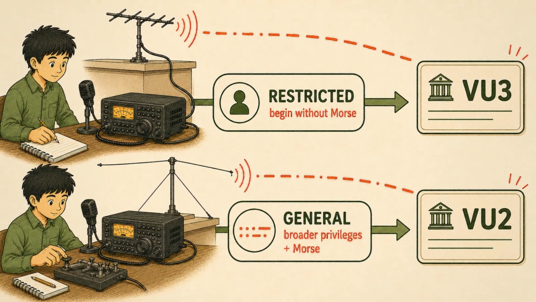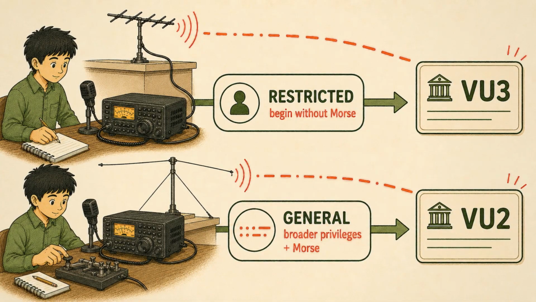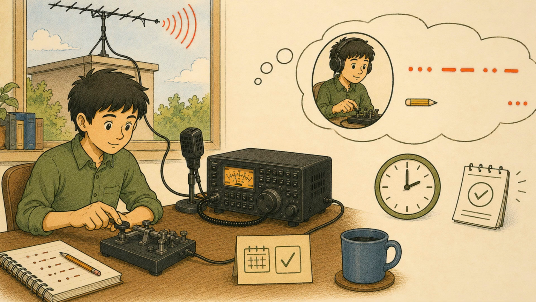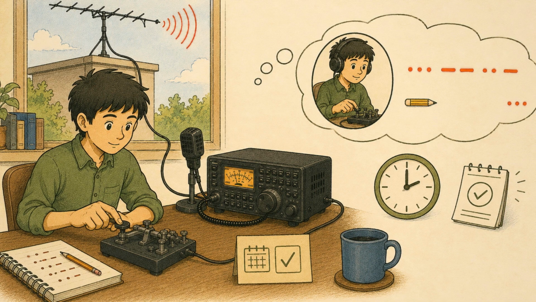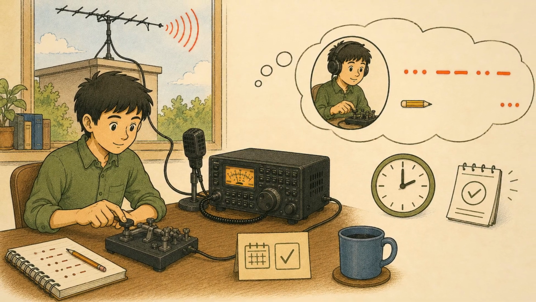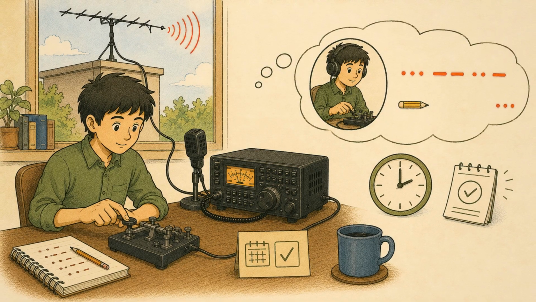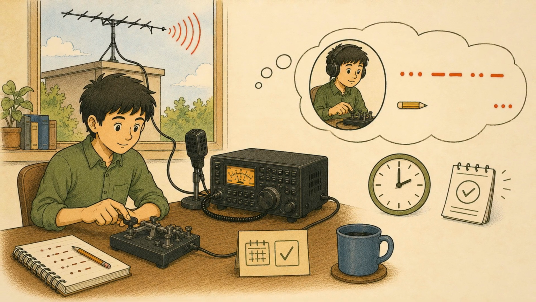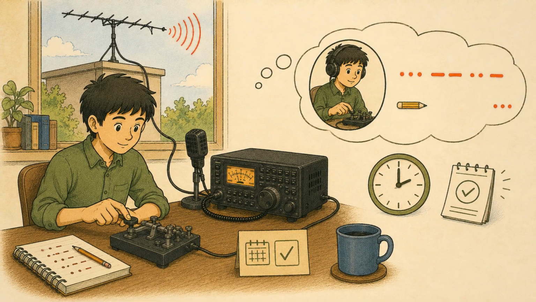General is the better target for someone who wants broader privileges and is prepared to practice Morse. Neither choice has to be made out of fear. Radio theory and operating procedure can be learned systematically, and Morse is a skill developed through short, regular practice, not something that must be memorized in one sitting.